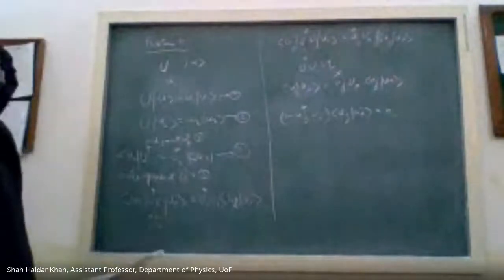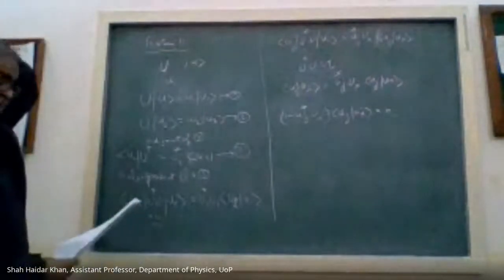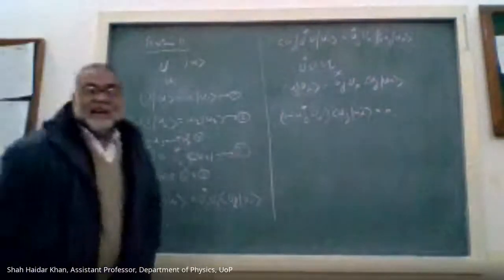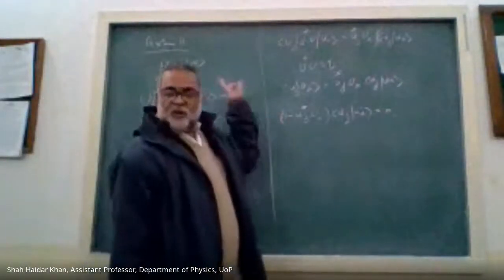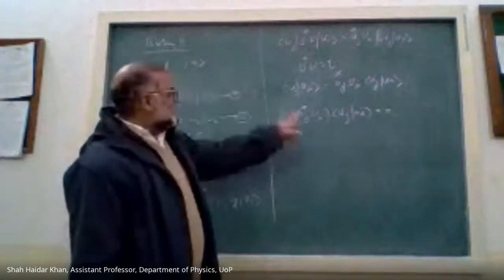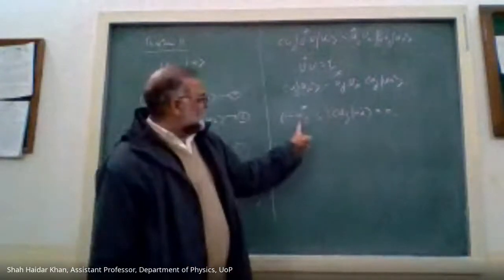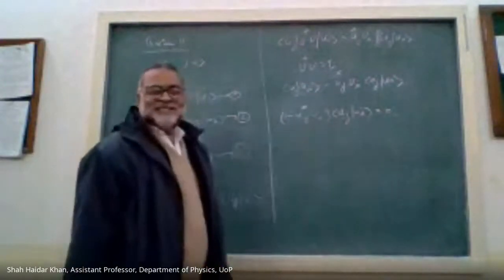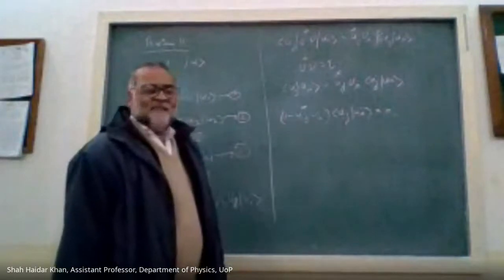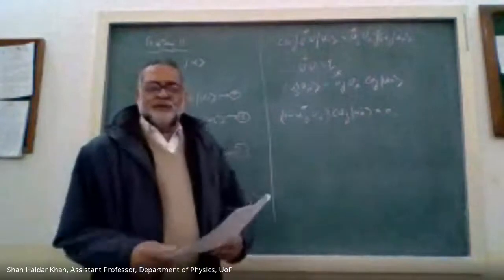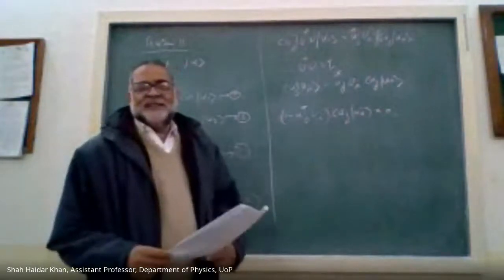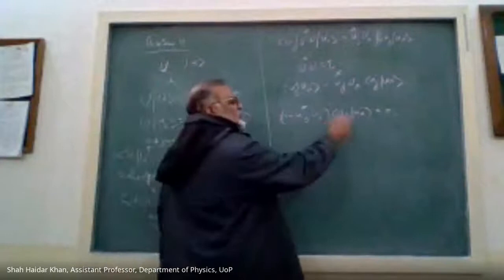Right? We said that the eigenvalues of a unitary operator are complex. These are the eigenvalues. They are complex. So suppose i is equal to j.